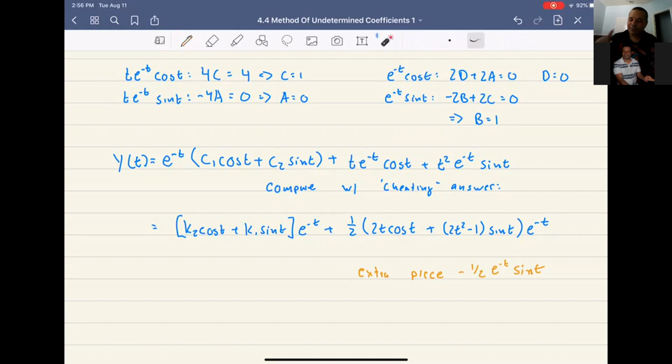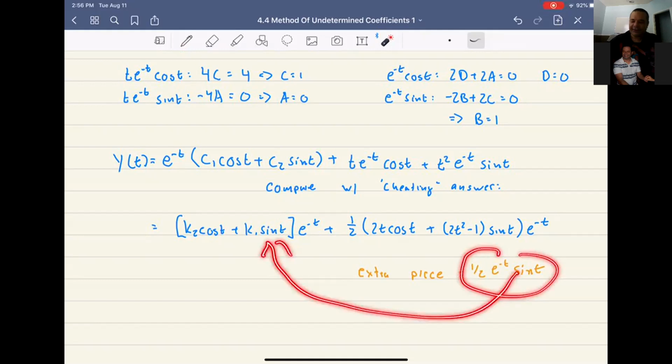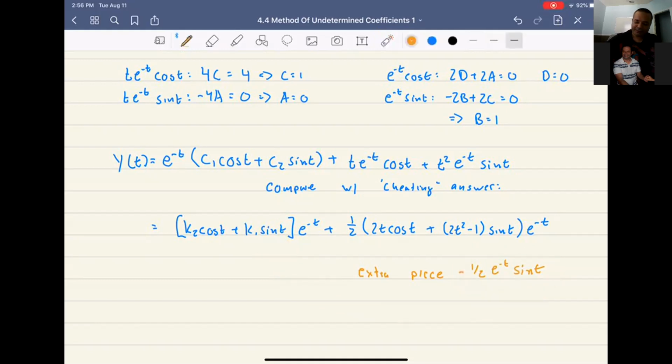I actually had to redo this because I had forgotten this little bit. But this piece, you could consider it as part of this. These k1s and c2s are not actually the same constants. This minus 1/2 is a constant, so this term you could say is sucked into there. That's not the technical term, but you understand what I mean. So it's sucked into the homogeneous solution.